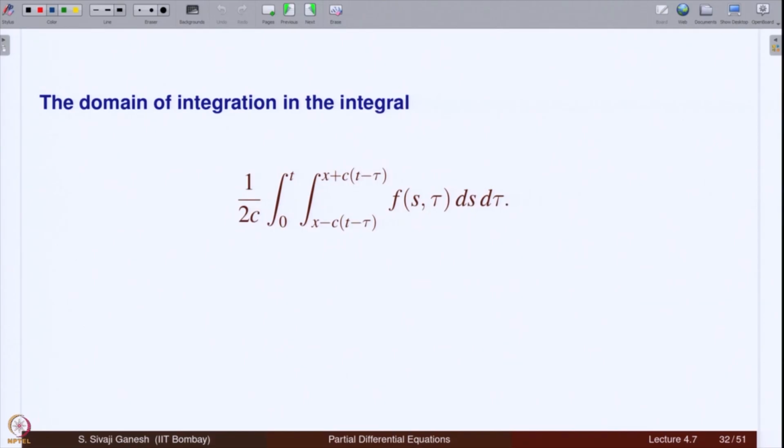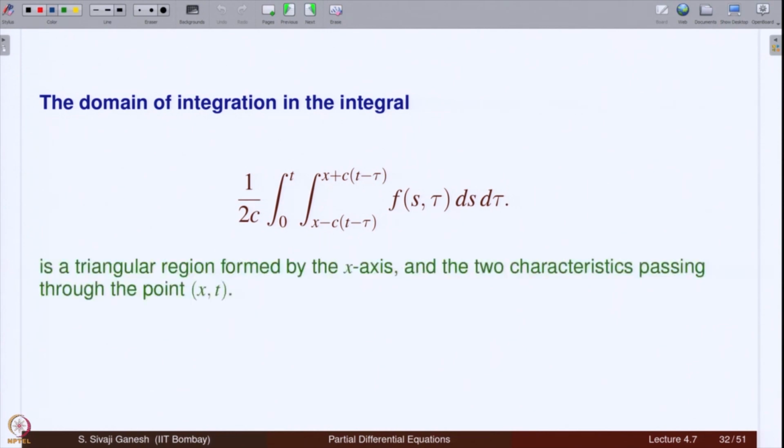Now a comment on the domain of integration in this integral. What is this? It is a triangular region formed by the x axis and the two characteristics which are passing through the point x, t. That is, if you look at this, take a point, this is the point x comma t.